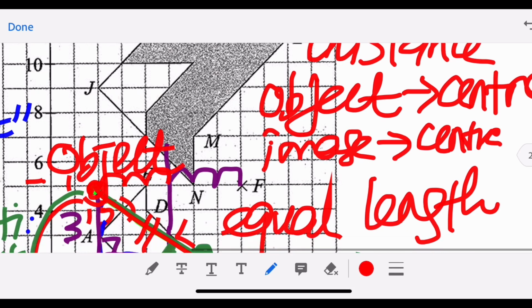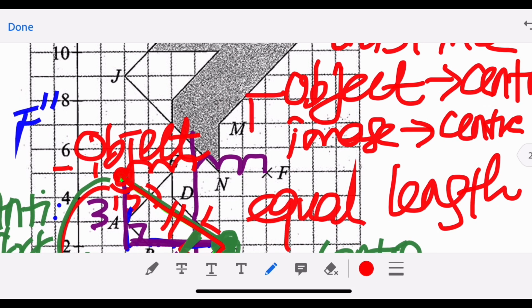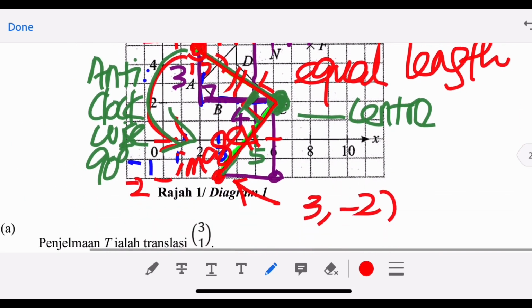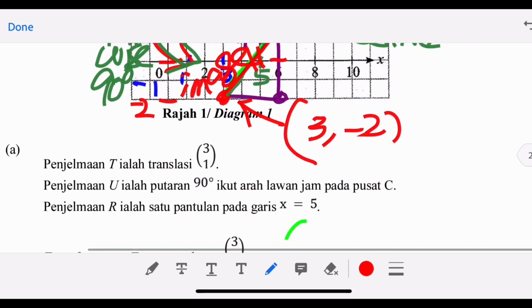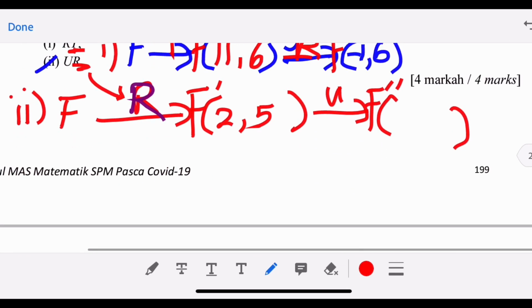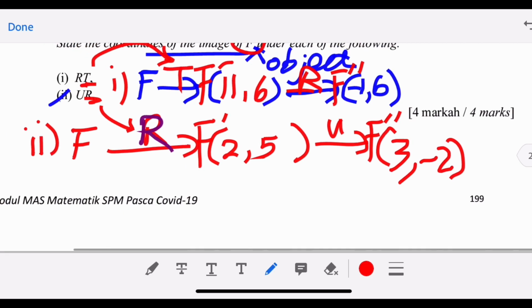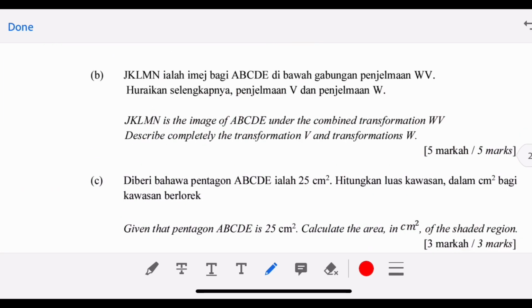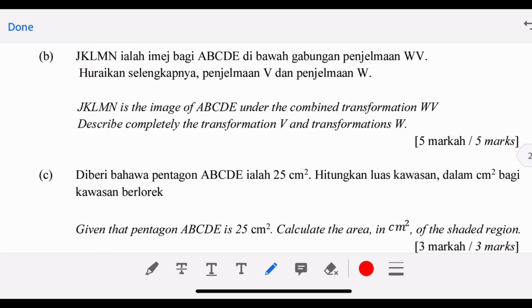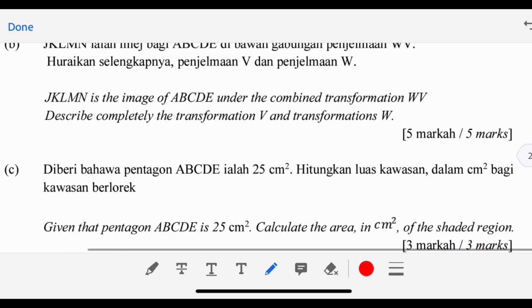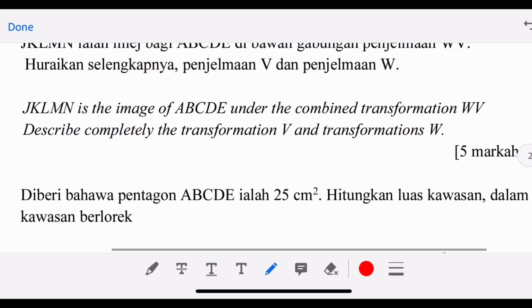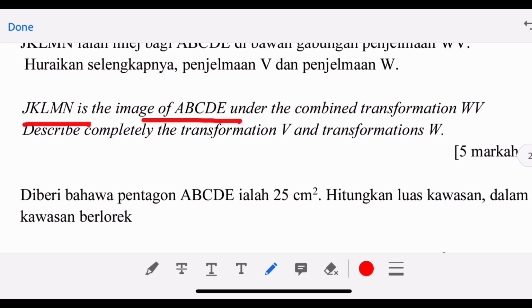The most important keyword is that the distance or the length must be equal. When you do rotation, always bear in mind that this is the important concept. Now we write the answer: (3, -2). So now we have solved the combined transformation for rotation, translation, and reflection.